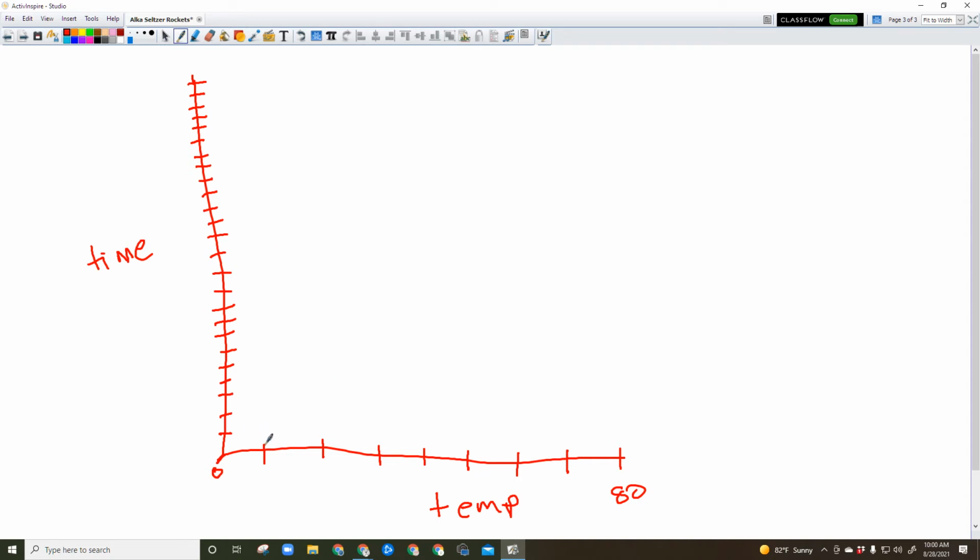Okay, so let's just say 10 degrees, 20, 30, 40, 50, 60, 70, and this is 2, 4, 6, 8. These are by twos. That didn't come out looking like a 4.